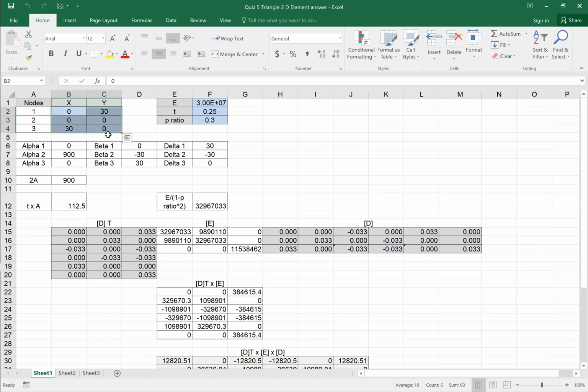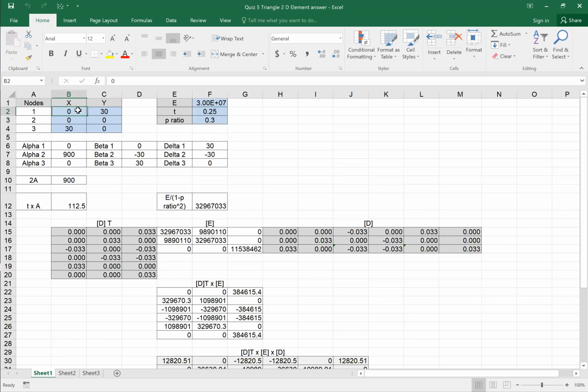Right here are the coordinates for the nodes, and in my case I defined that in the question already: 0, 30 is node 1, 0, 0 is node 2, and 30, 0 is node 3. And then there's another input column for the elasticity, thickness, and Poisson ratio, 0.3.